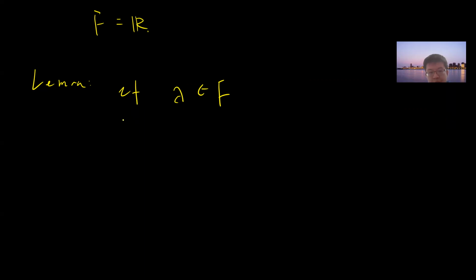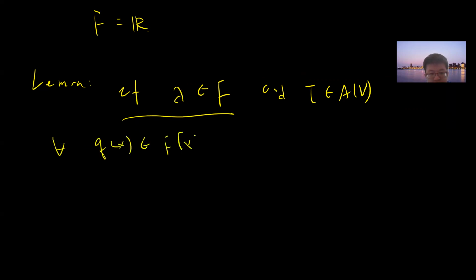So we need to make an assumption: if lambda belongs to field F, and T belongs to L(V), and lambda is a characteristic root of T, then for any polynomial q(x) in F[x], q(lambda) is a characteristic root of q(T).